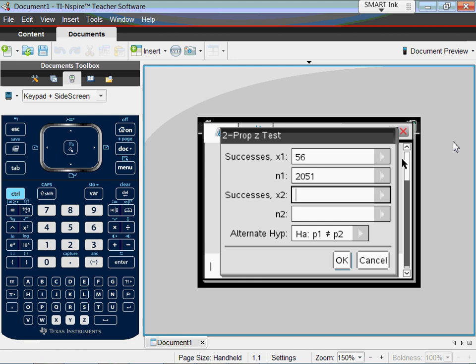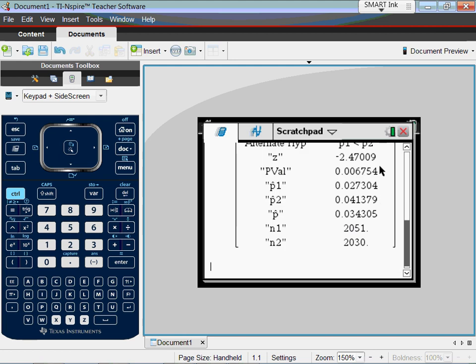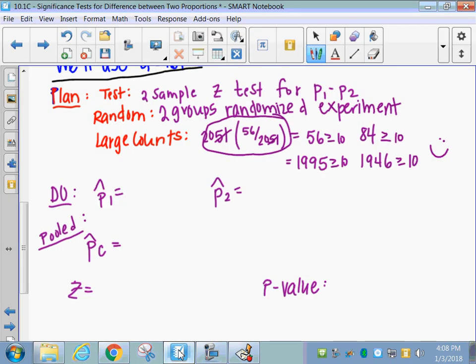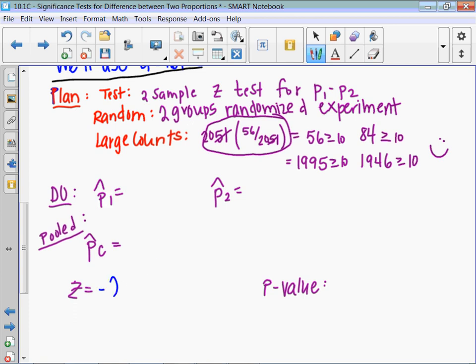For the second one, we had 84 who had a heart attack in the placebo group out of 2030. We are looking for fewer heart attacks in the first group than the second group. So our z-score is negative 2.47. We do need to write that down.